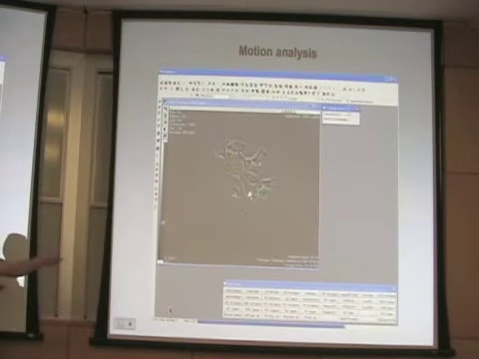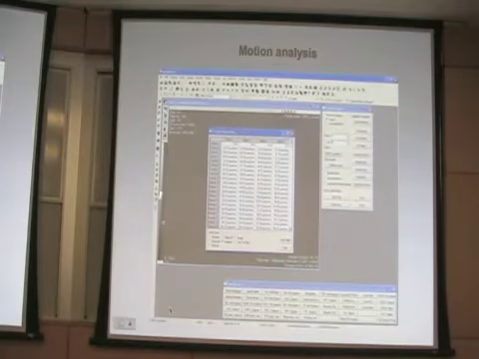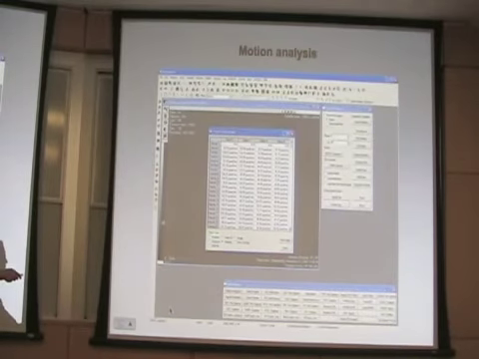So this would be here at the beginning, and this is where the tracking process is right now. And finally, you're ending up with a whole bunch of data that allows you to characterize the movement of individual cells or cell groups. So for instance, you can get data about position, velocity, as well as distances.